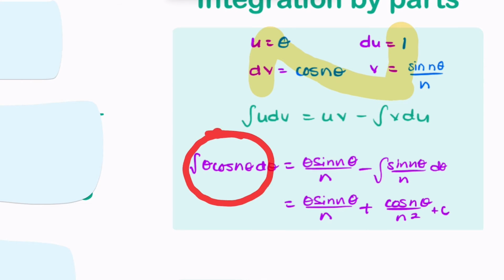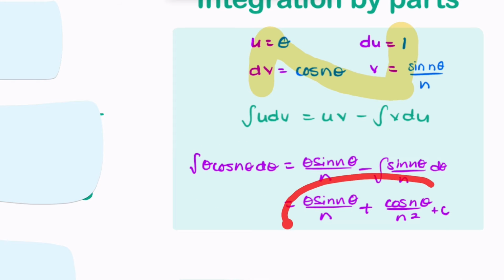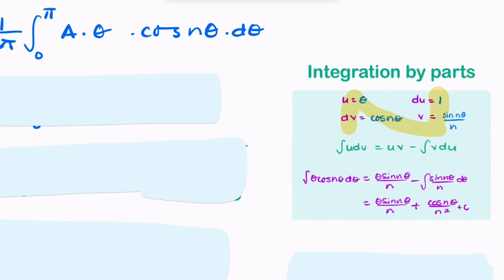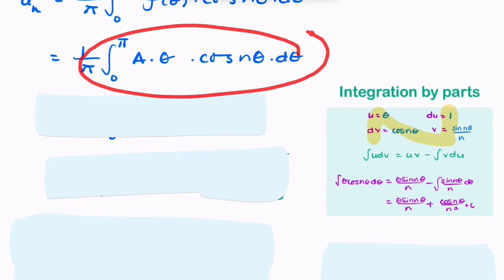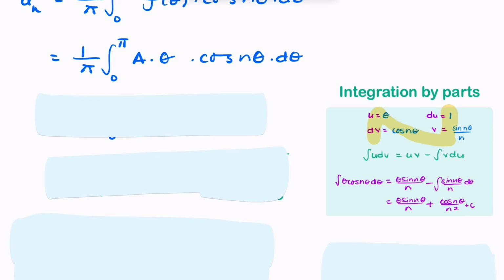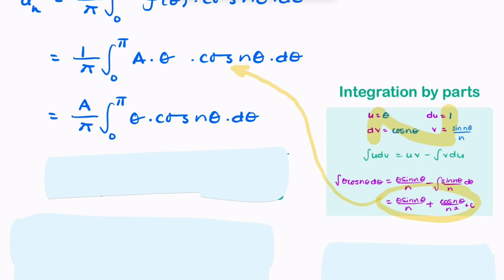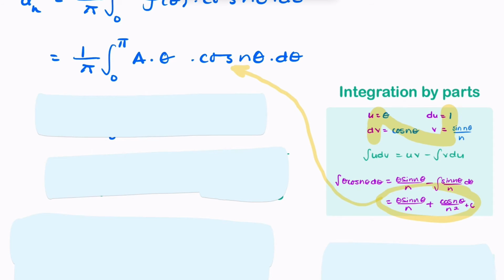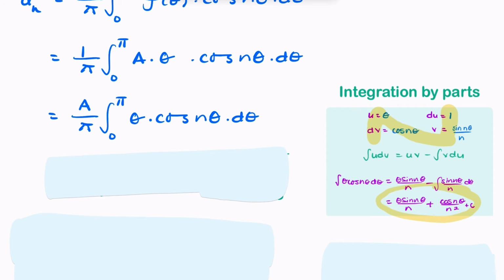So the integral of theta cosine n theta is that. And I can then use that back in my original expression here. So this replaces that.